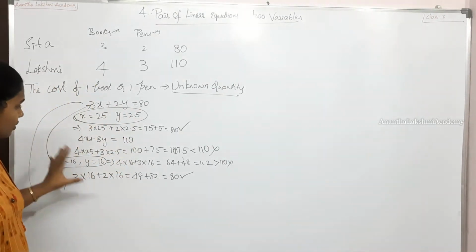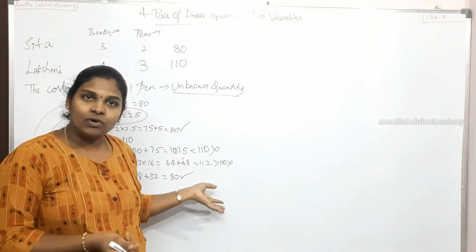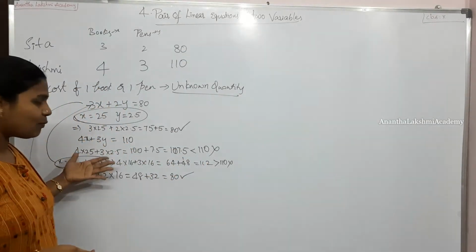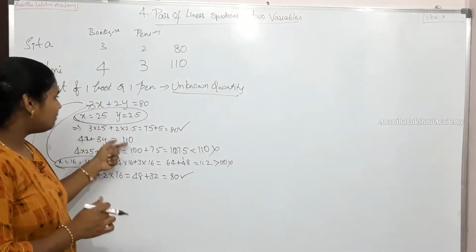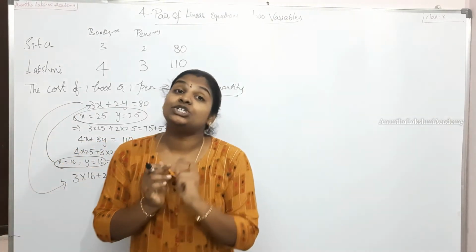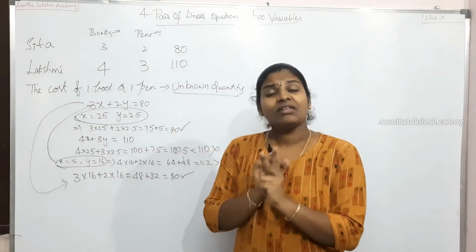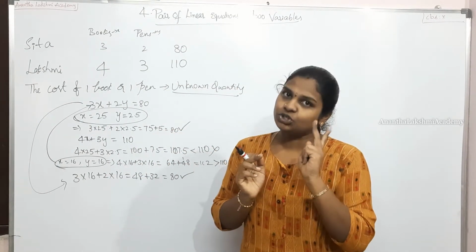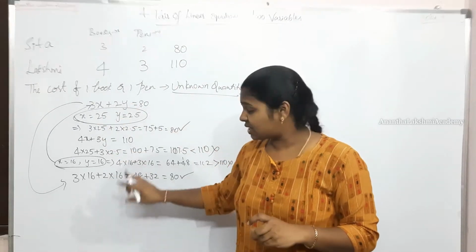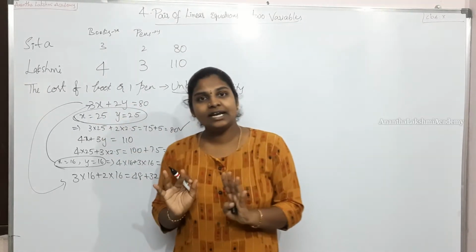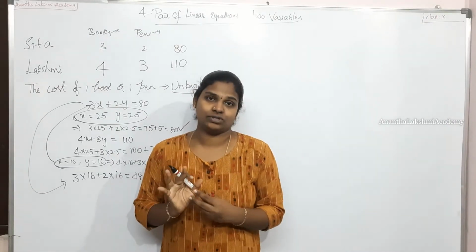But those values are not able to perform well in case of Lakshmi's, where she bought 4 books and 3 pens, isn't it? So when we have an equation with 2 variables, if we try going by this trial and error method, we end up having n number of solutions.